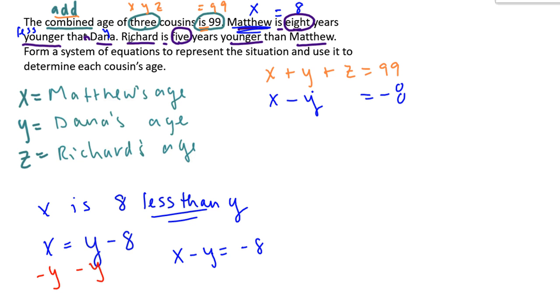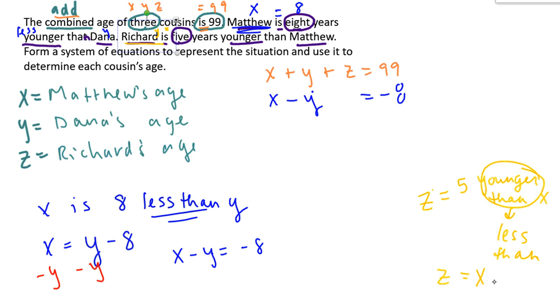We've got this last sentence that says Richard, okay, that's Z, is, I'll write it down here. Richard is 5 years younger than Matthew. Matthew was X again. And we just talked about younger than means less than. So Richard, which is Z, whoops, I put Y up here. Why did I put Y? Z equals Matthew's age, X, minus 5.